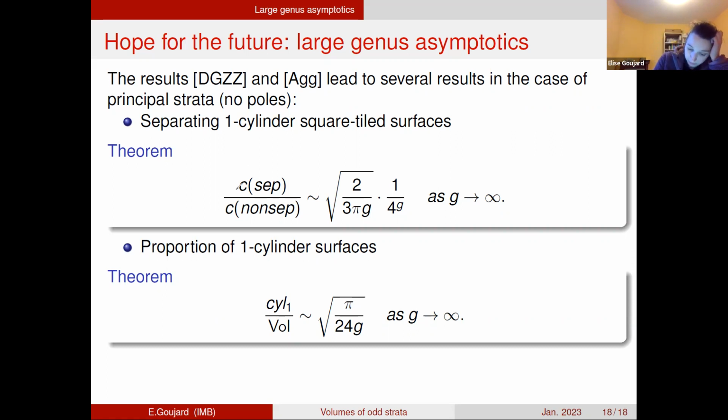When you look at the contribution in the volume of separating one-cylinder surfaces with respect to non-separating ones, and you let the genus tend to infinity, you can compute the ratio and show that, basically, with very low probability the cylinder will separate the surface.